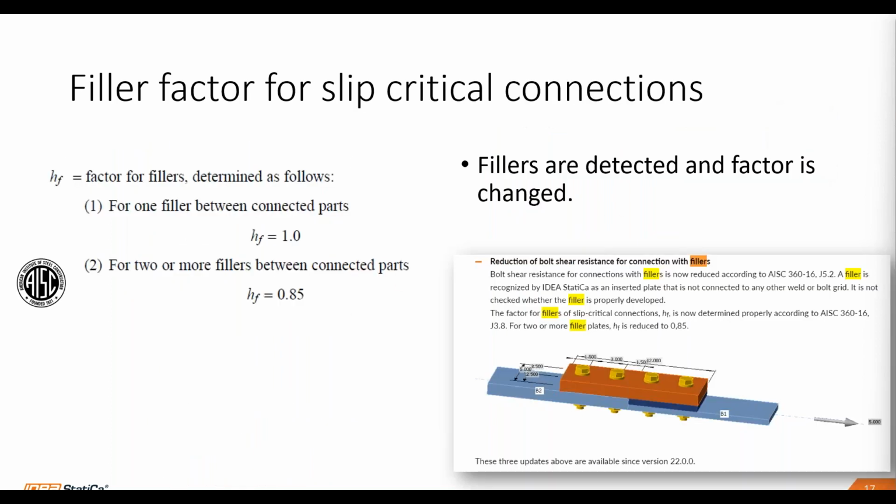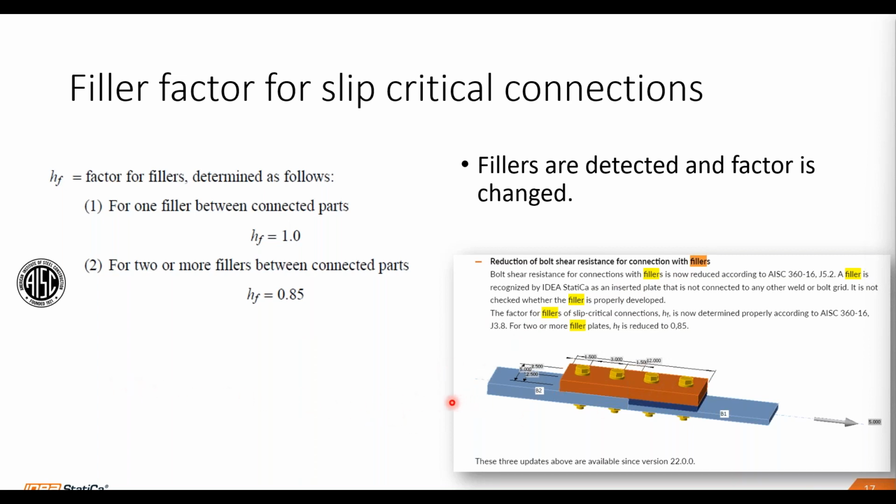Then, in that J4 formula, we also have the factor for fillers. For one filler between connected parts, we use hf as 1.0, and for 2 or more fillers, we use 0.85. Fillers are detected automatically, and the factor is changed in IDEA StatiCa, so there is nothing that you can do there.